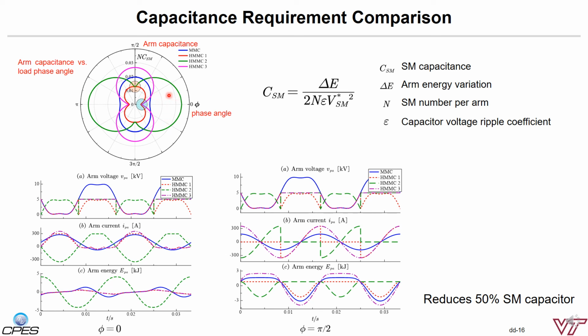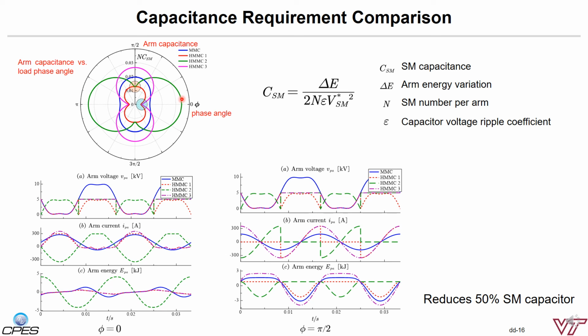The blue curve shows the MMC capacitor requirement over the entire phase angle range. It clearly shows that HMMC type 1 needs almost half of the capacitor required in the MMC throughout the entire range. For the HMMC2, it requires a very large capacitor at the unity power factor.